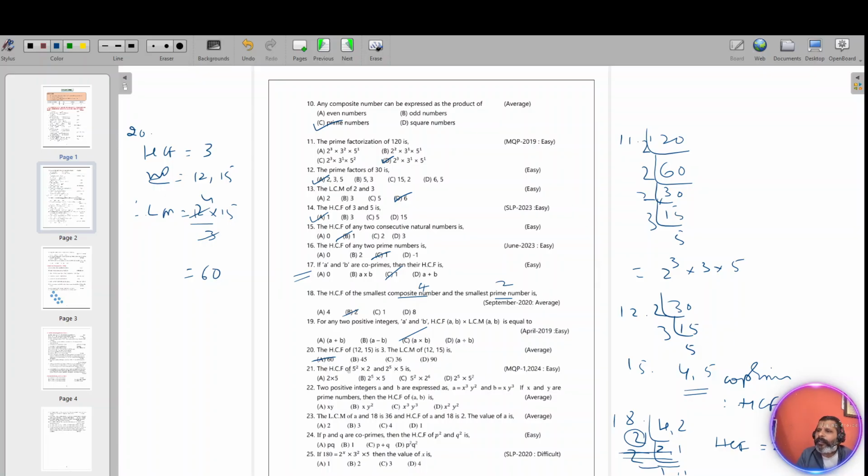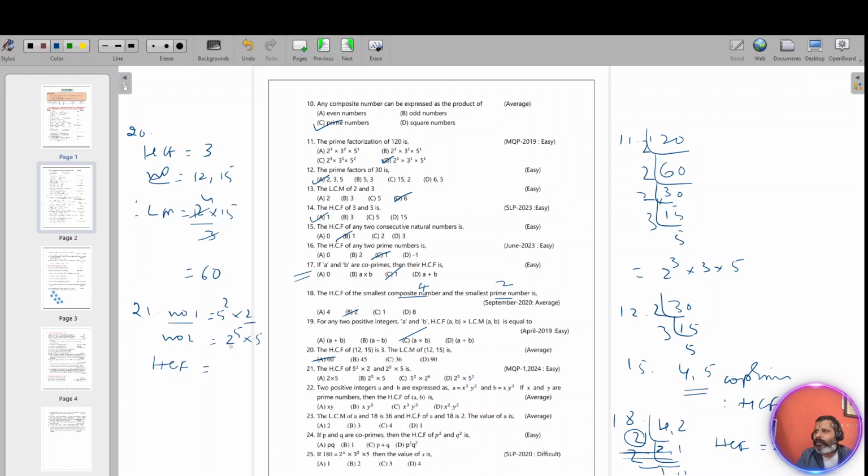Next, HCF of numbers. Number 1 is 5 square into 2. Number 2 is given as 2 to the power 5 into 5. For HCF, you have to always pick the common factors with the least powers.